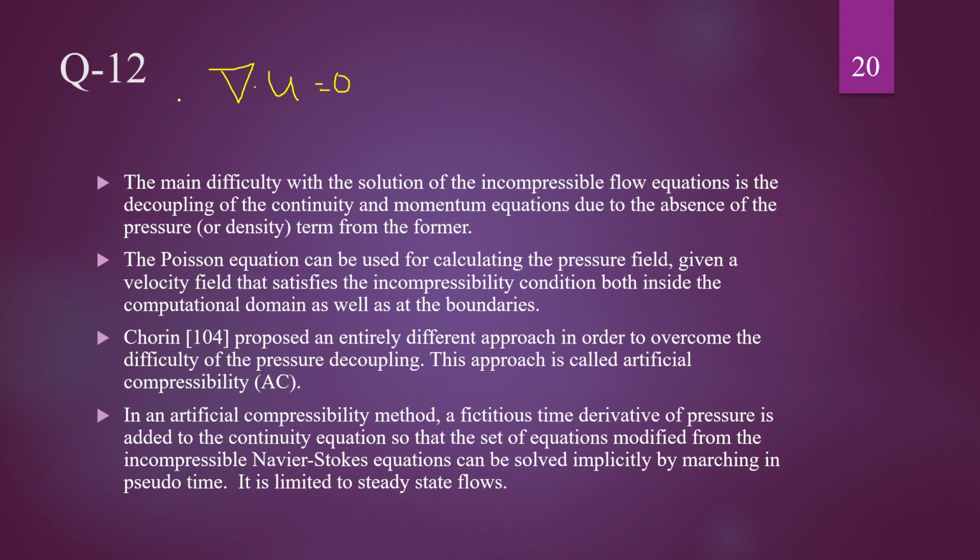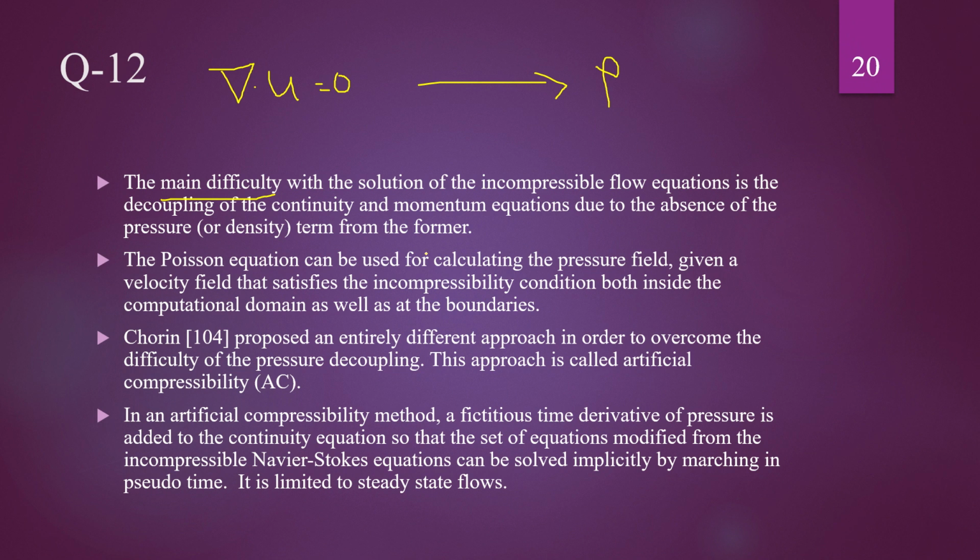There was no density term in this equation. So pressure-velocity coupling is not possible, since pressure is not present in the former equation. So there is a difficulty in using the methods discovered for compressible flow for the incompressible.